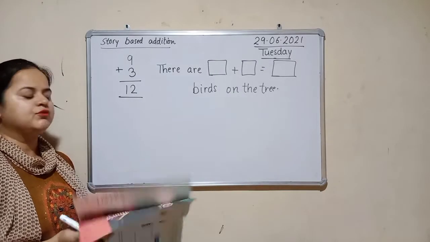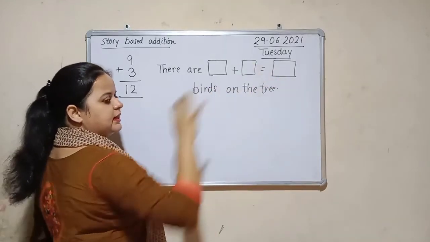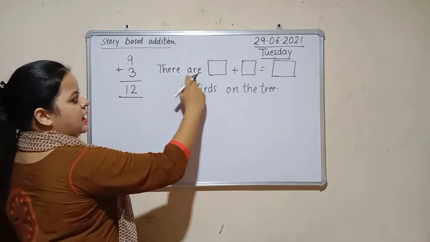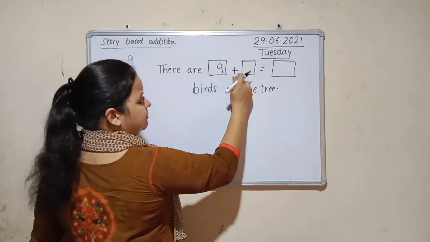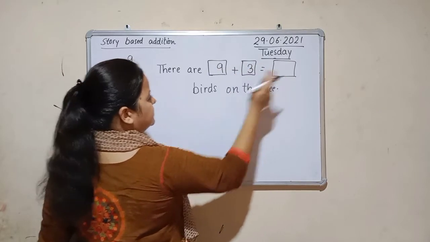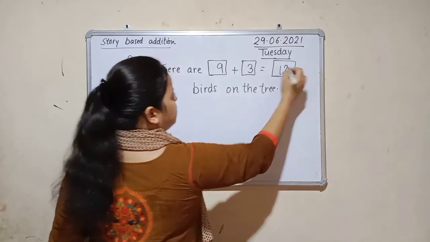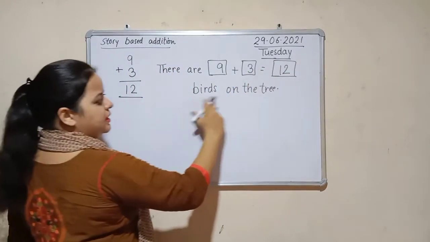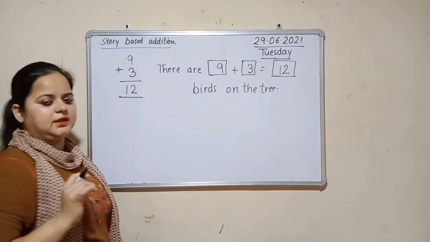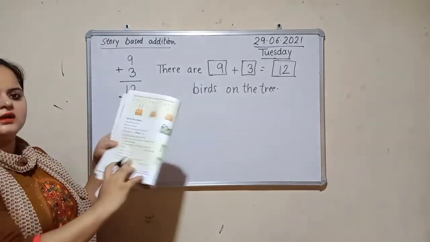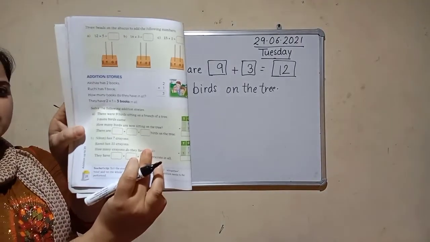Now you have to fill these boxes with the correct numbers. 9 plus 3 is equal to, we have 12 in the answer. 9 plus 3 is equal to 12 birds on the tree. Write it here in the book.